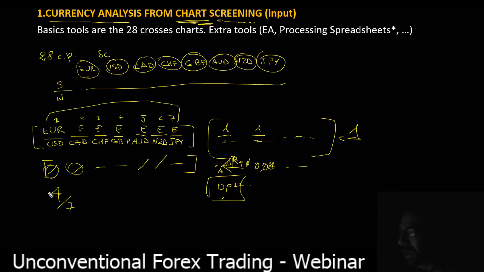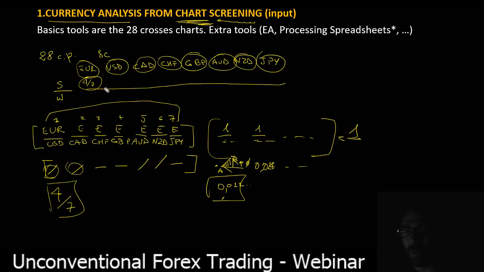And I have 4 on 7, for example, for the euro. So we say it is strong 4 on 7. It could have been weak 3 on 7, but it's not weak, it's flat, and so on. So we can have other charts with different results, but we have numbers anyway, and with numbers we can deal.